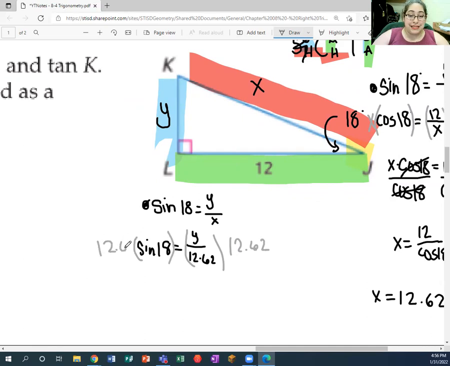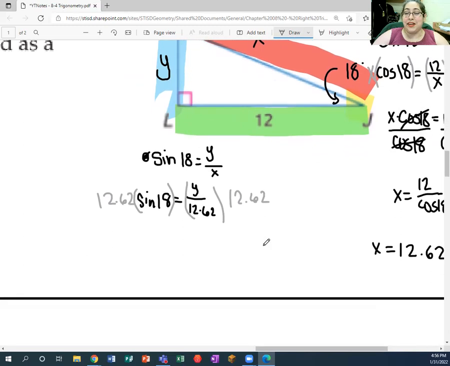There we go. Now these 12.62s on the right hand side are going to cancel, and that's going to leave me with y equals 12.62 times the sine of 18.